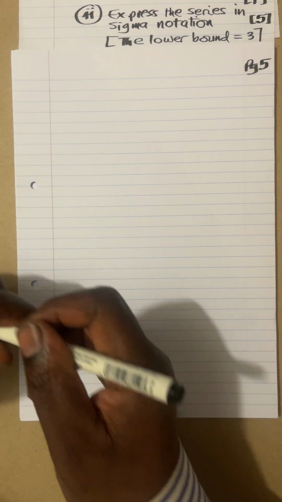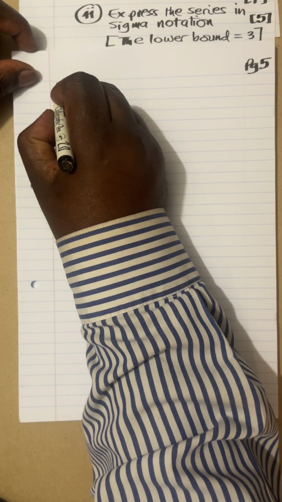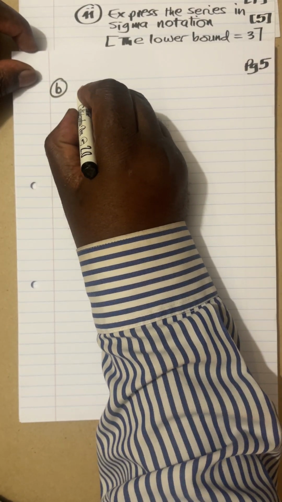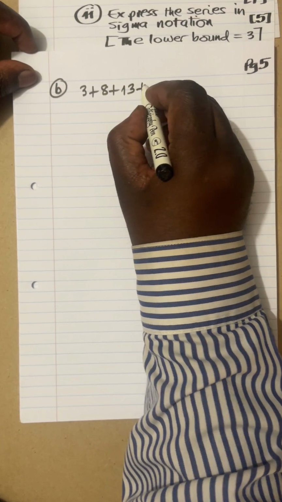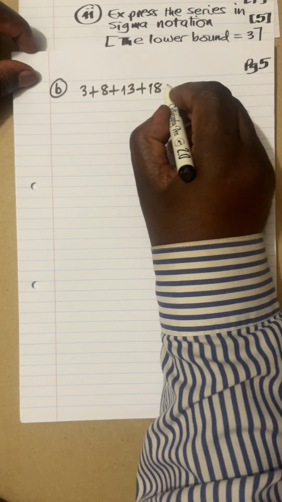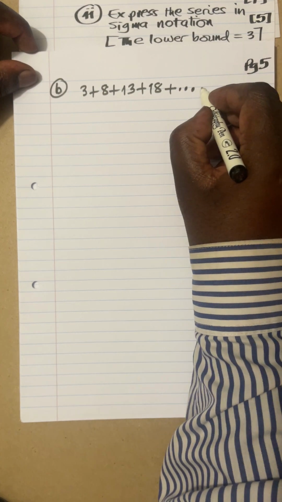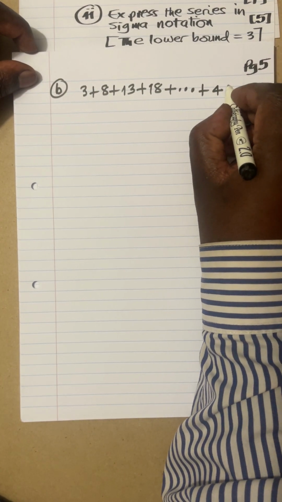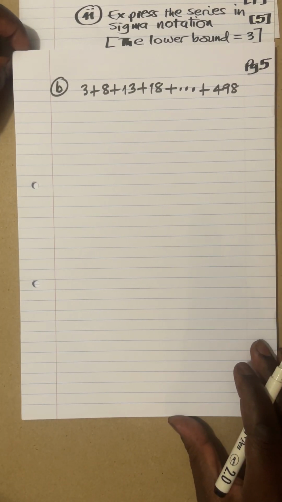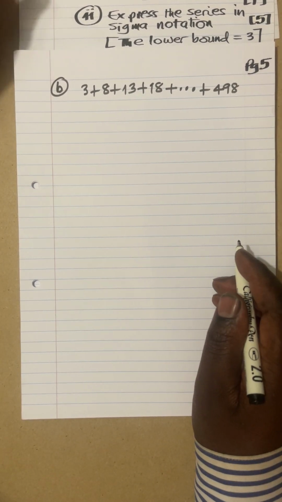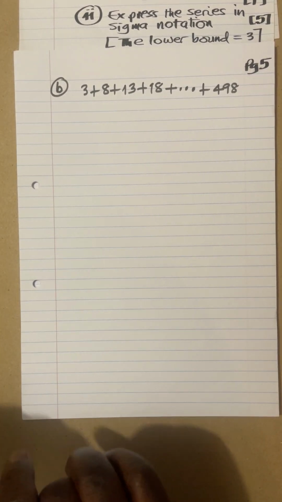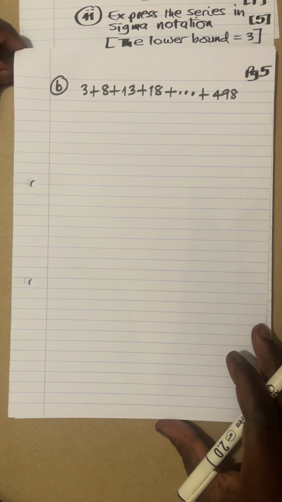So what we have is number 1B. We have the series 3 plus 8 plus 13 plus 18 plus dots plus 498. The first thing we have to do is to calculate the number of terms. So of course we have to determine the general term first, the nth term formula.